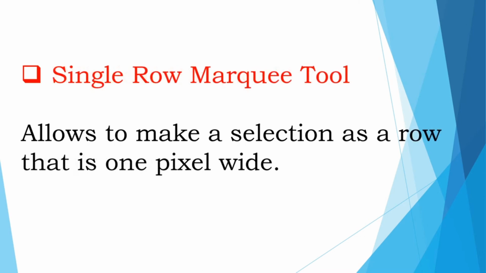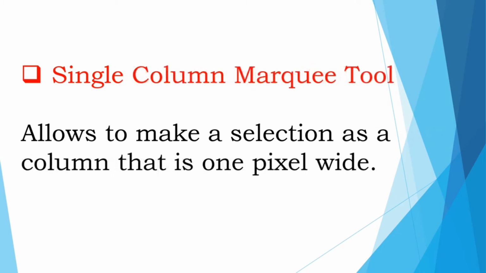Single row marquee tool, which allows you to make a selection as a row that is 1 pixel wide. Single column marquee tool allows you to make a selection as a column that is 1 pixel wide.